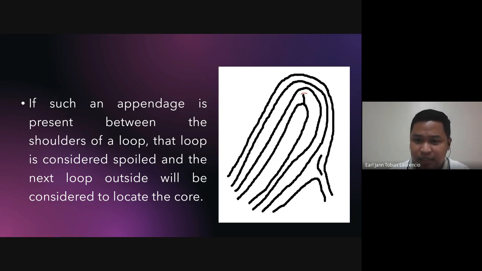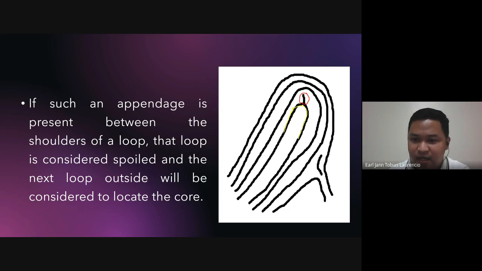So this one is the appendage. That is actually a spur. So if the recurving ridge was spoiled by a spur or an appendage, we will never use this recurving ridge. We will not use this one anymore.